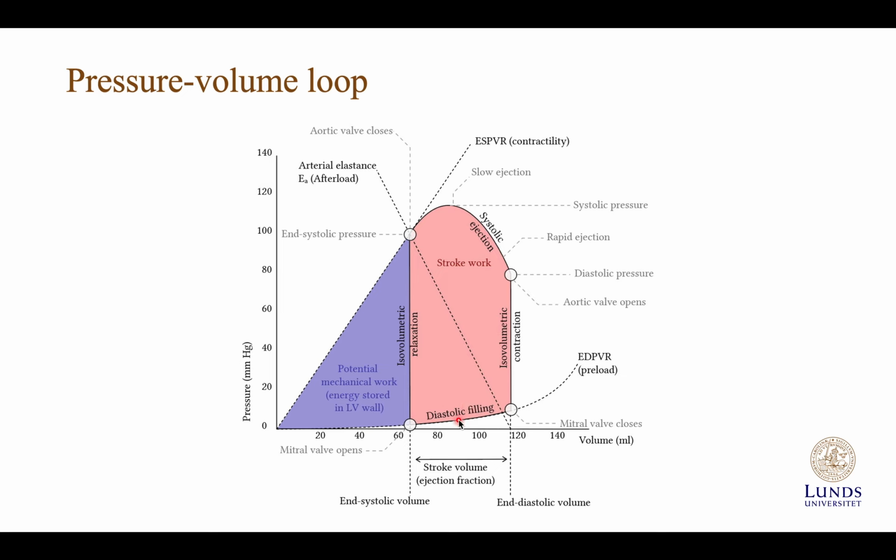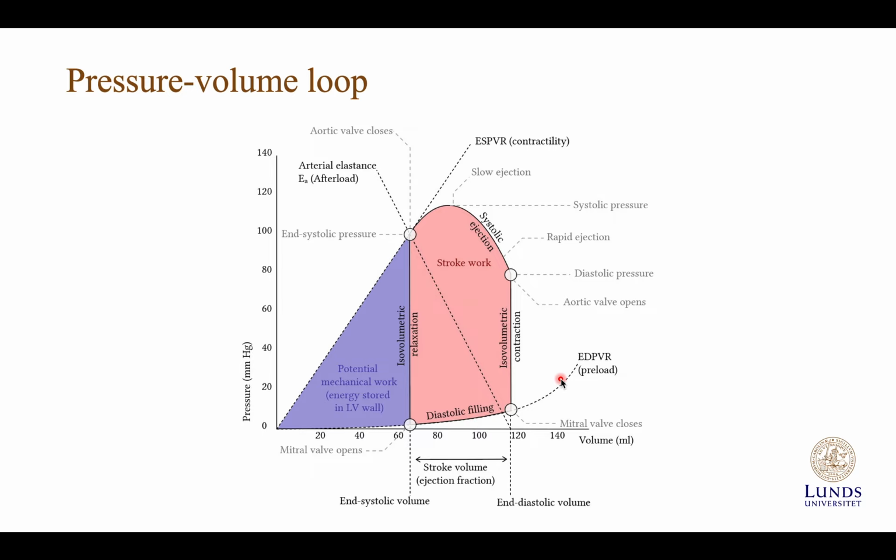This is the phase at which the ventricle is relaxed. So the pressure increase that you see is mainly on account of the volume that is added to the left ventricle.